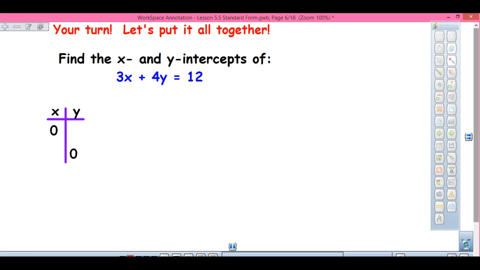If you remember back to that first page, for the x-intercept, what was 0? The y was. So to find the x-intercept, we plug 0 in for y. You're going to want to get that down. To find your x-intercept, we plug 0 in for y.